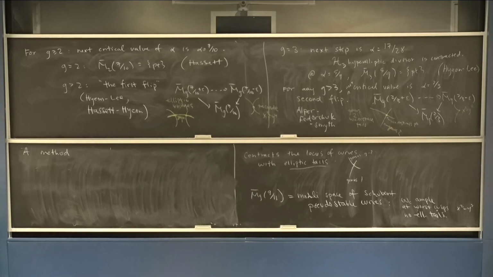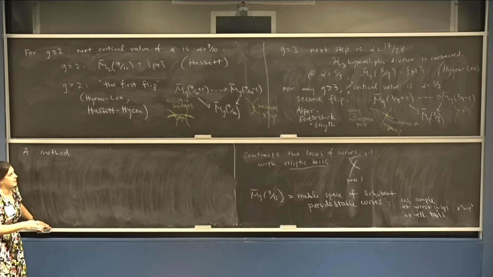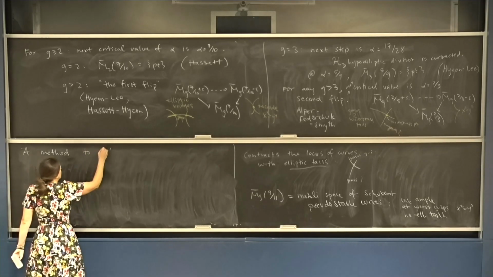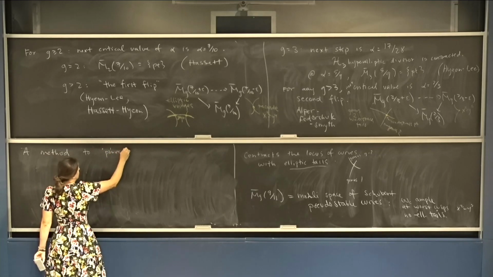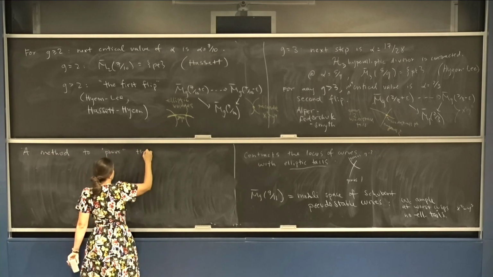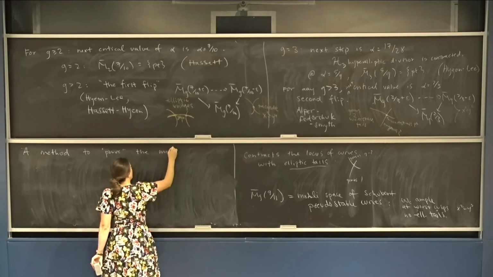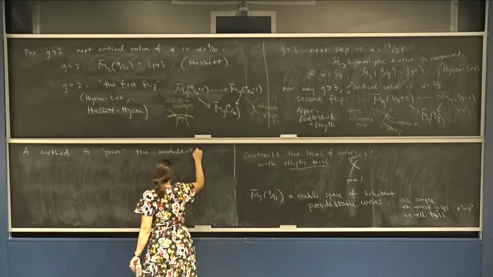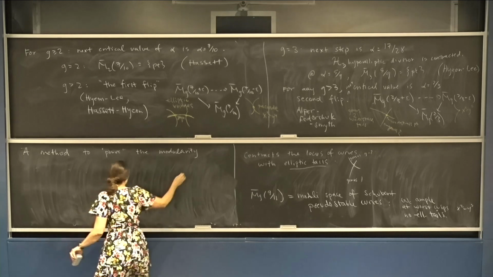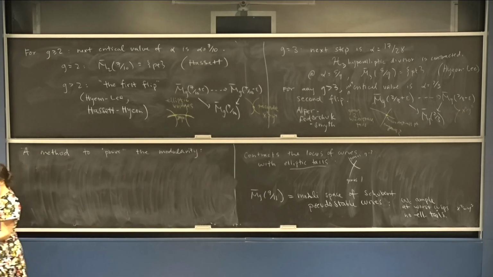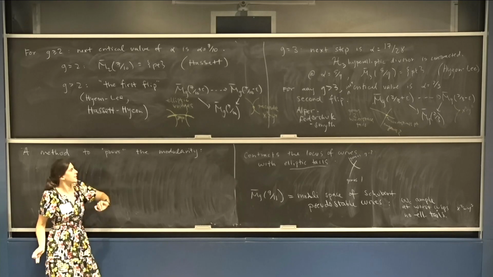Before I get into what we prove and how we prove it, I want to introduce a general method or an idea behind how these wall crossings, how these birational contractions and flips are constructed. So a method to prove modularity. And by modularity, I don't really mean anything precise. If you look in the works of Alper, Fedorchuk, and Smyth, there are some precisely posed modularity conjectures.